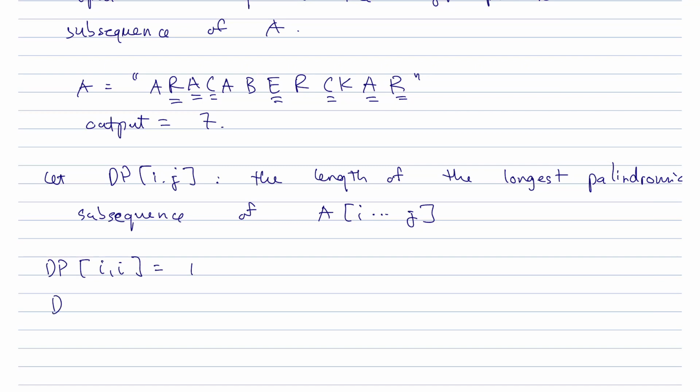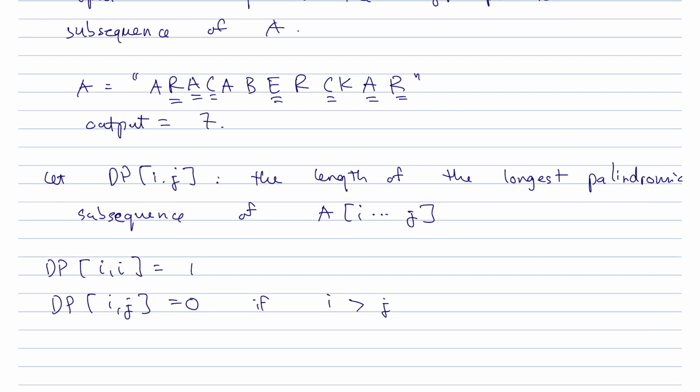Now, dp[i][j] is 0 if i is larger than j, because the subarray between A_i to A_j, if i is larger than j, is an empty subarray, right? So these are obvious.